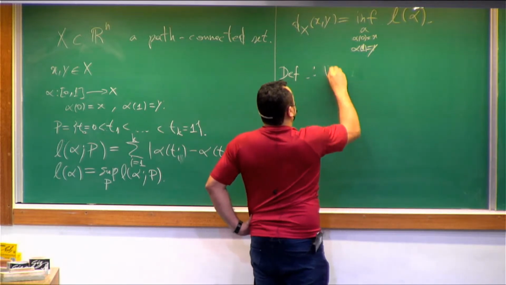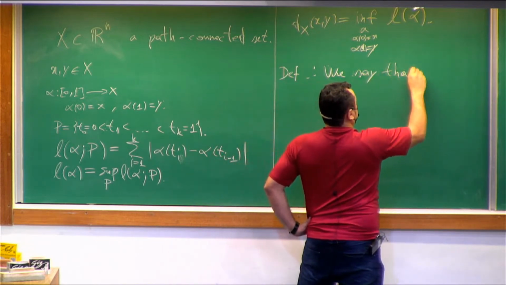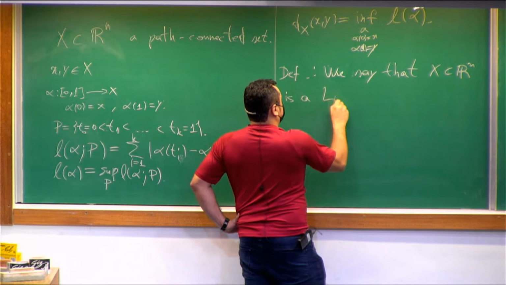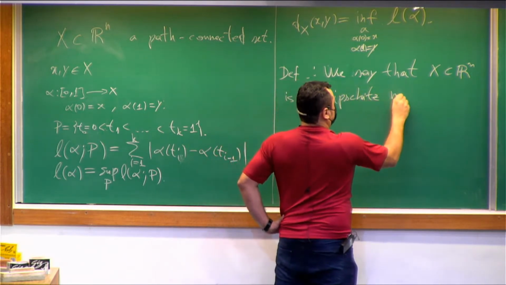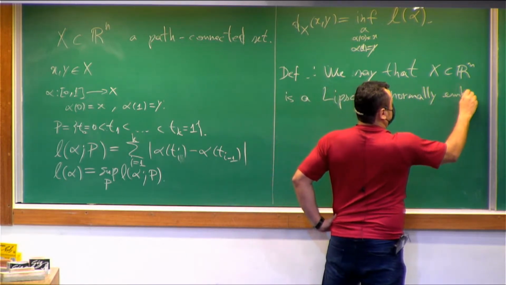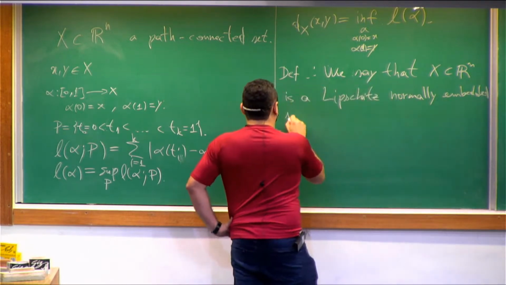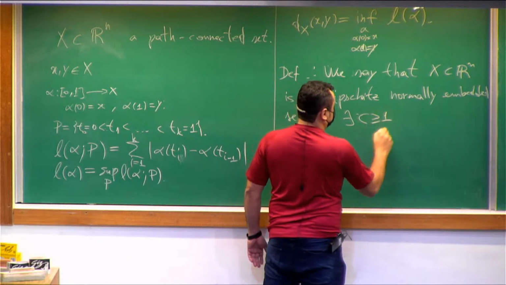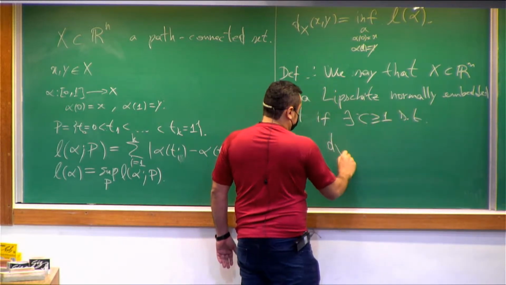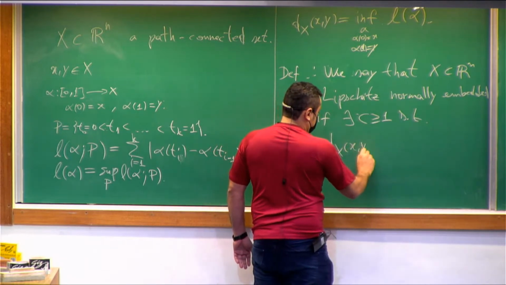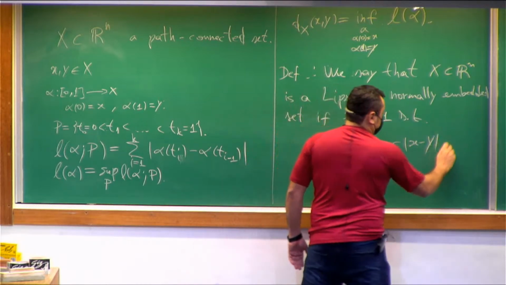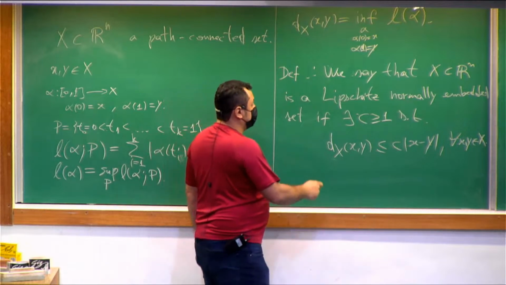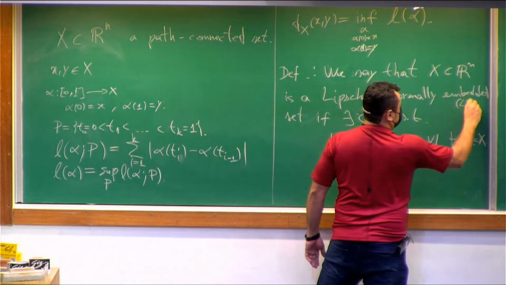We say that X in R^n is a Lipschitz normally embedded set if there exists some constant c greater than 1 such that the inner distance of X is less than c times |x - y|, for all x and y in X. We can abbreviate this as LNE for short.